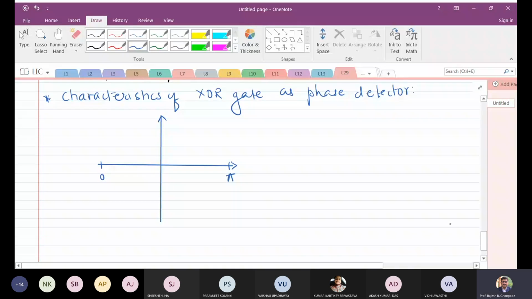So we have the phase difference in radians here on x-axis. On y-axis, we have the error voltage. So how will the curve look like? The transfer characteristics we have seen. So it's going to be something like this.